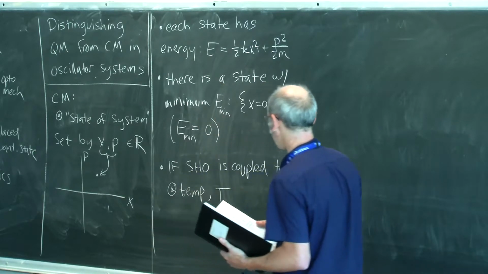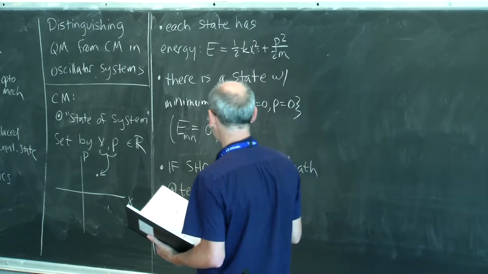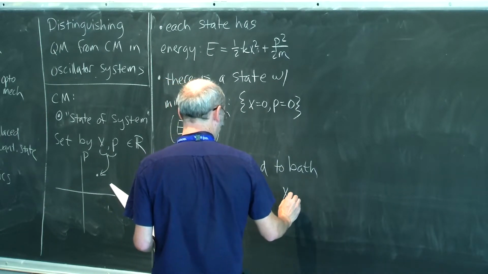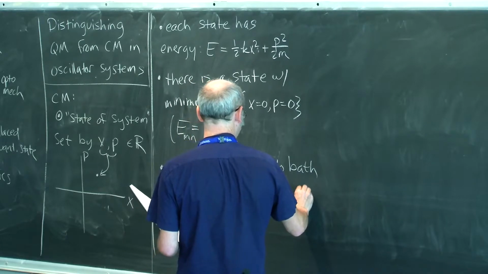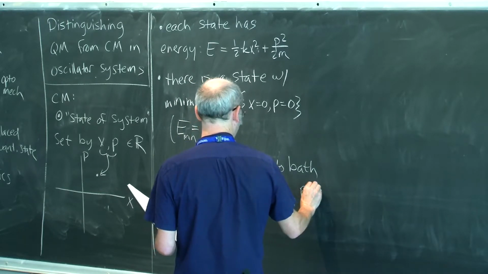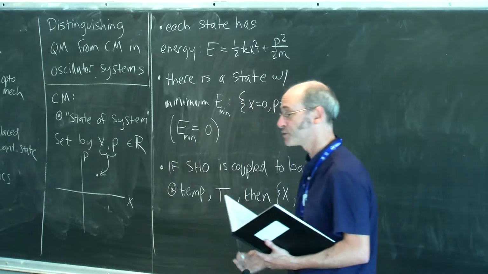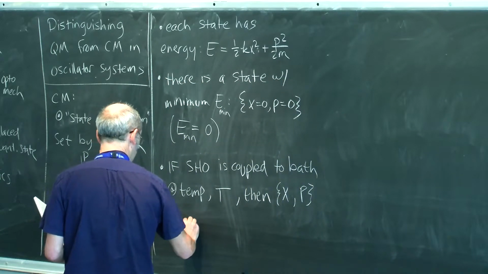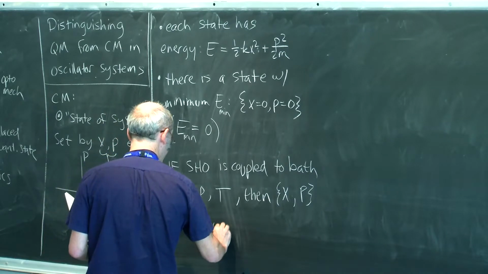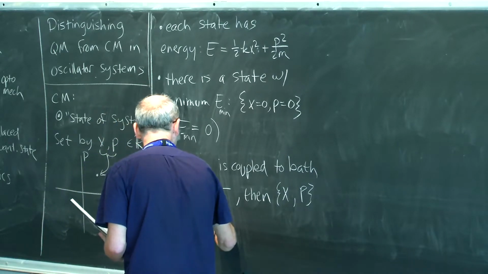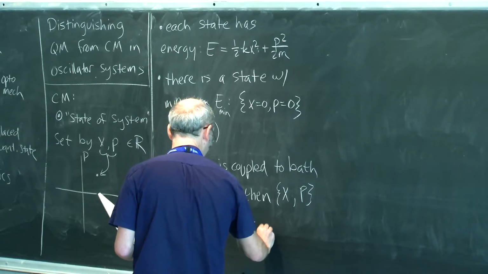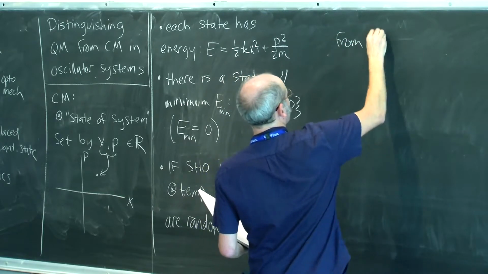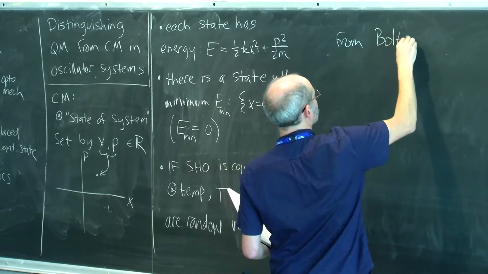But if instead the harmonic oscillator is coupled to a bath at temperature T, then measurements of x and p will be random variables drawn from a specific distribution, which is the Boltzmann distribution.